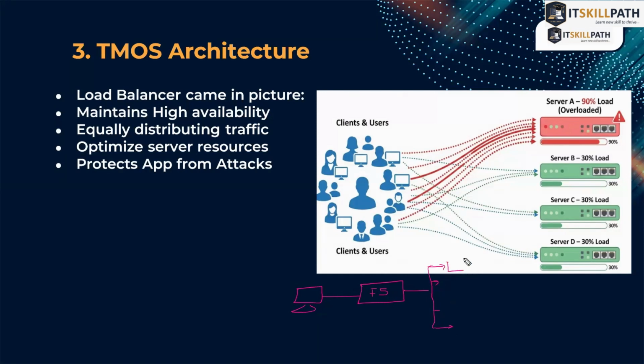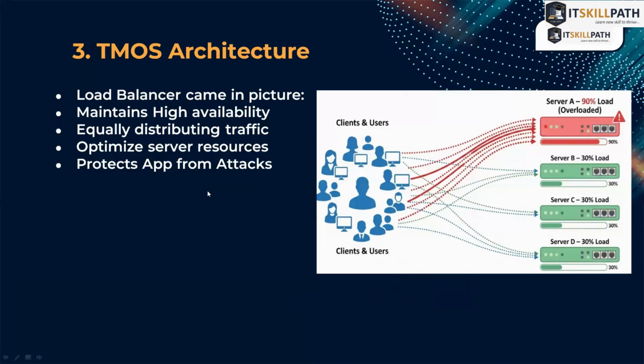Here, if needed, we can simply add one more server into the pool and it will start sending traffic. Let's suppose we had three servers earlier. If you want to add one more server, we can easily add it into the pool. The terminology I'll cover later. Okay.